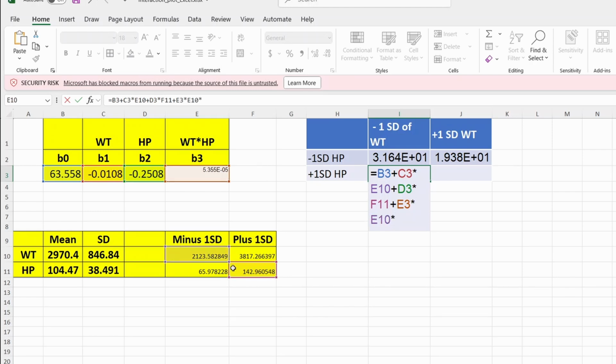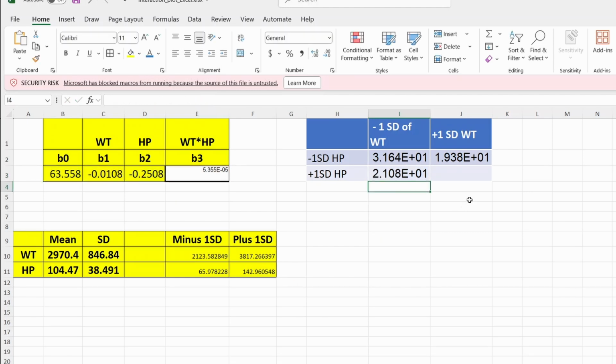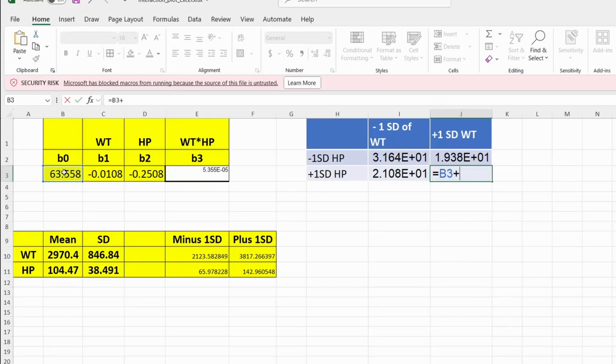Yes, again these two, and then lastly we're going to get the plus this one. This is correct, and then D3 is the F11.